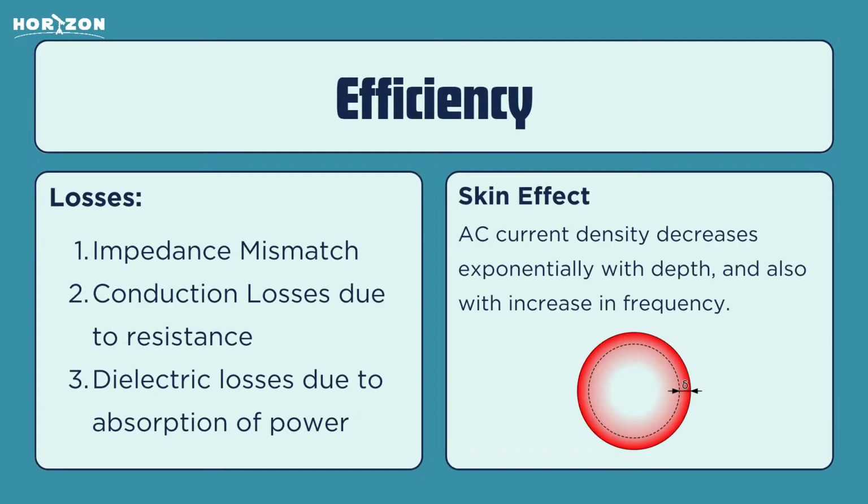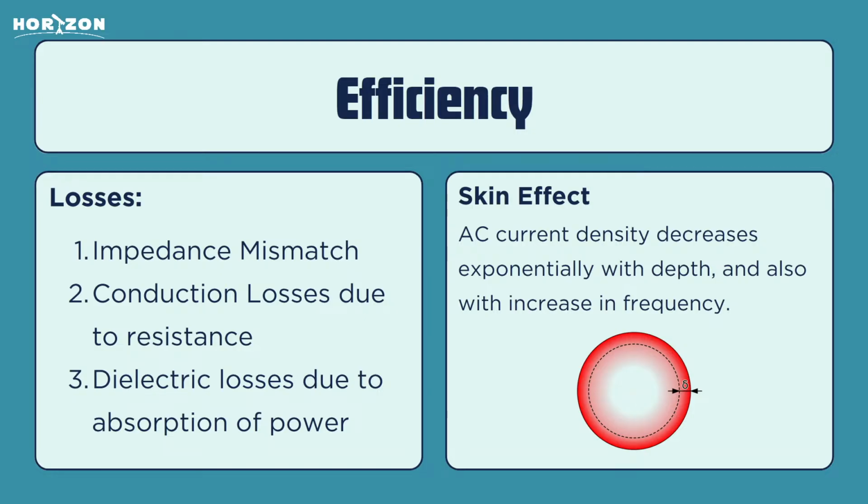Now that we have talked about how the antenna directs its energy, the next question we must raise is how much of the power that we feed into the antenna actually gets radiated? Some of the energy input to the antenna is reflected back due to impedance mismatch between the transmission line and the antenna.